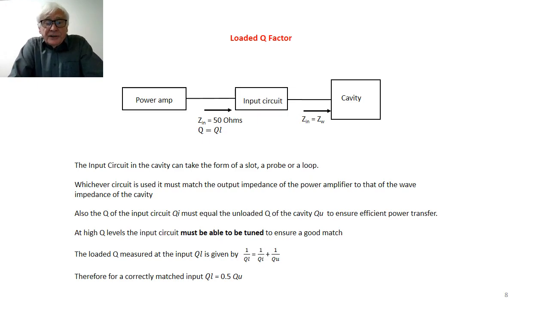And you can see from this equation that for a correctly matched system, where QI equals QU, the loaded Q, QL, is equal to half the unloaded Q of a cavity.